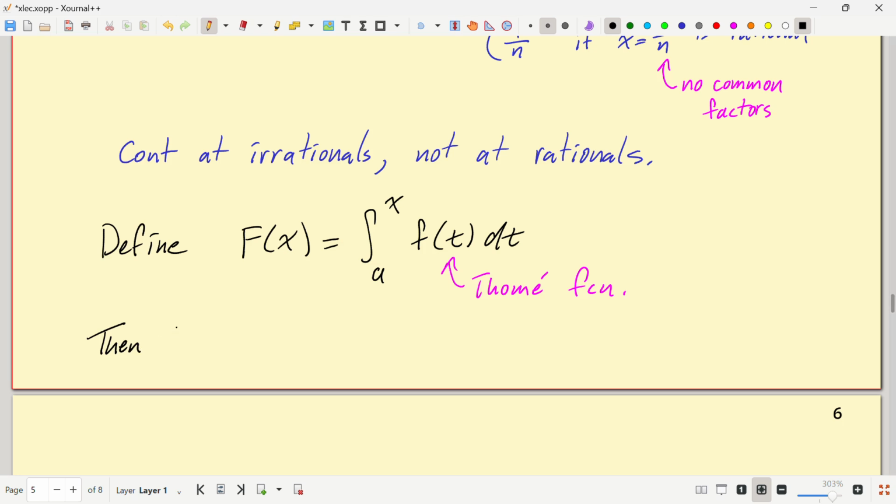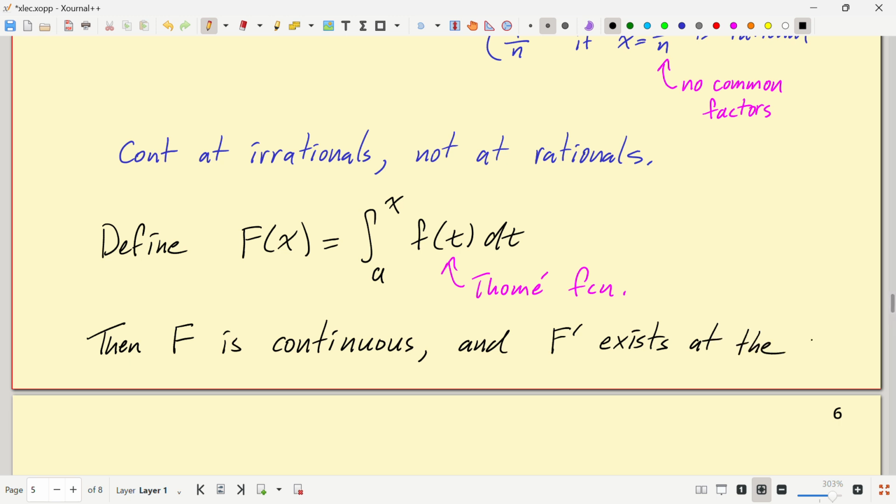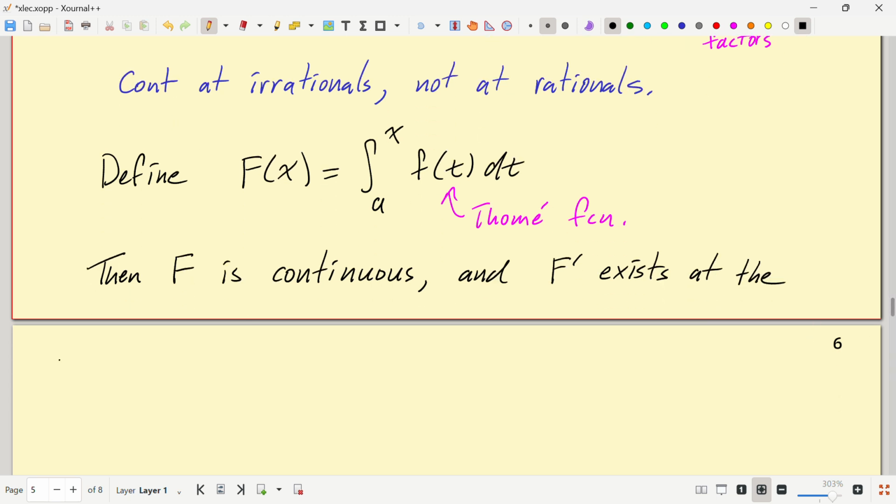We know that F is continuous, I just showed you that. And F prime exists at the irrationals and is equal to 0.